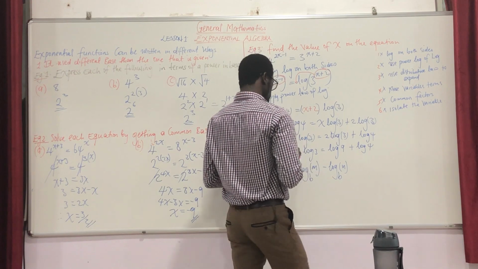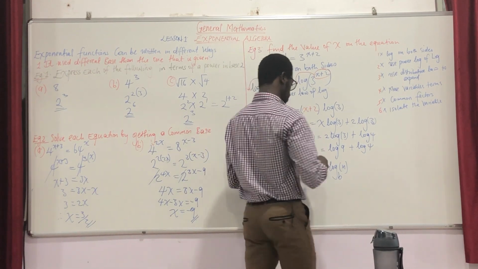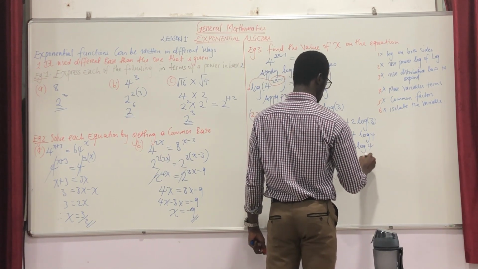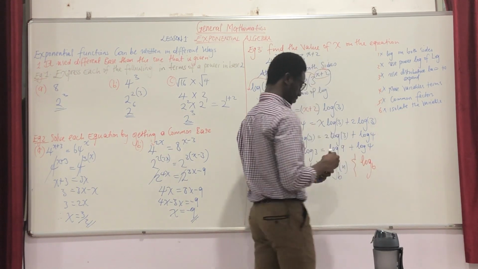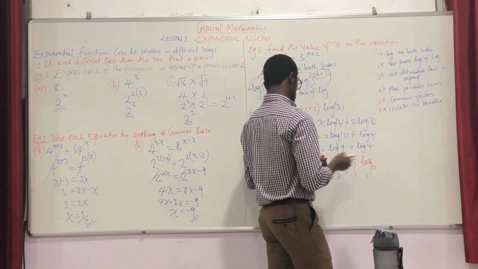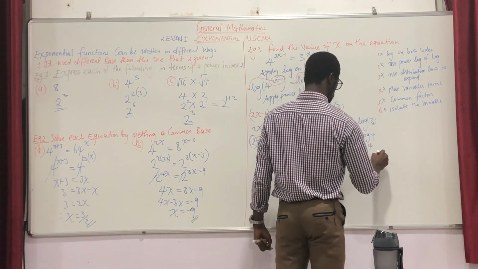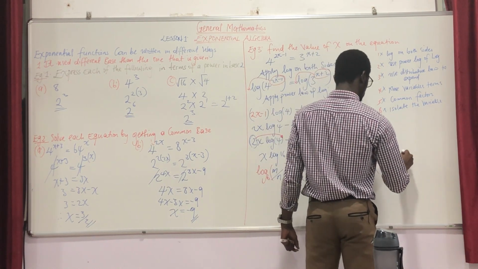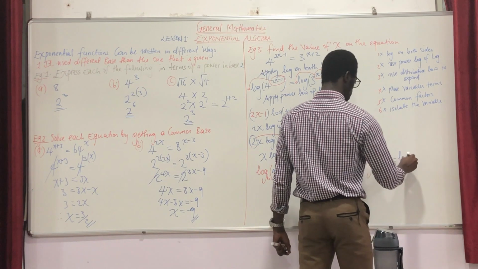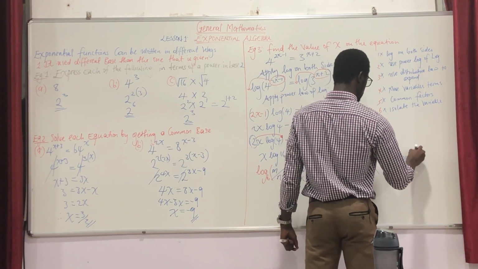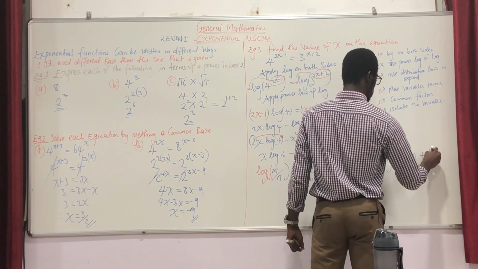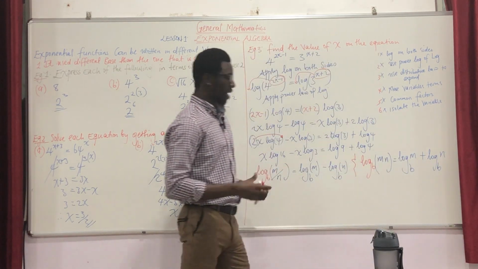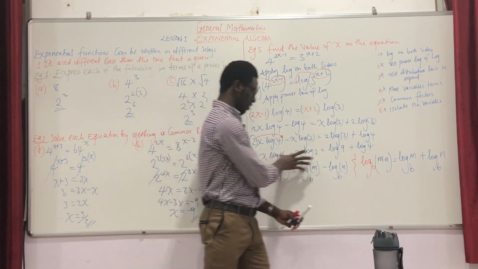And again, if we have multiplication, like log of b of mn, this one again will be log b of m plus log b of n. So now we apply this law here to this equation.